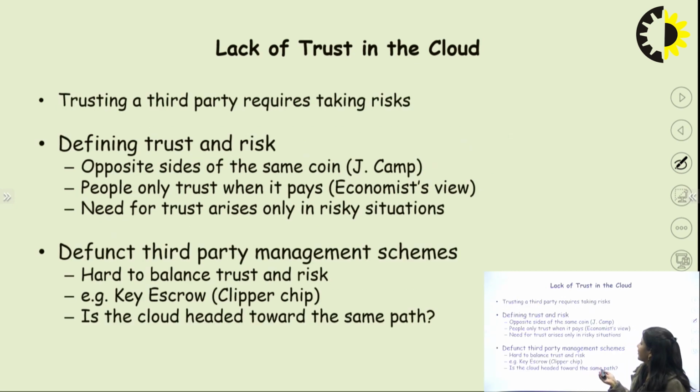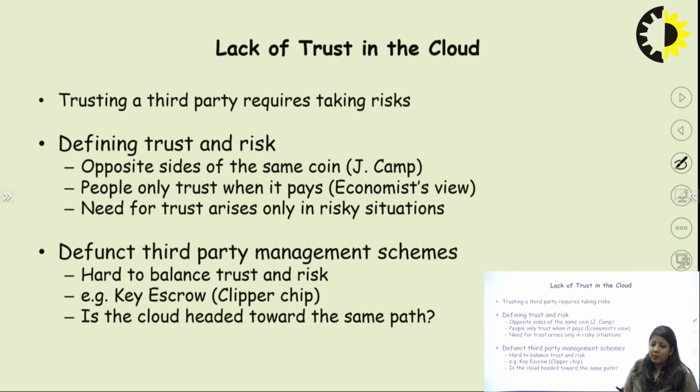Next is lack of trust in the cloud. Trusting a third party requires taking a risk; defining trust and risk. Lack of trust is the opposite side of the same coin. People only trust when it pays. Obviously, the need for trust arises only in a risky situation.